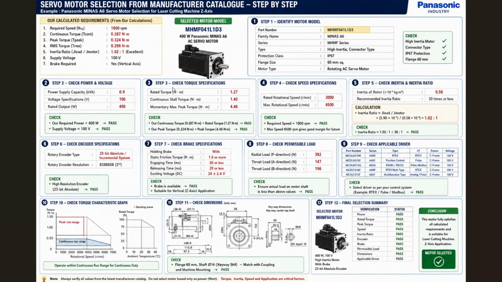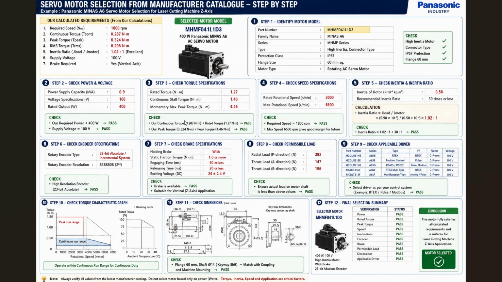Step 3 is check torque specification. With the MHMF series servo motor, we get a rated torque of 1.27 Newton meter. Continuous stall torque is 1.14 Newton meter, and momentary maximum peak torque is 4.46 Newton meter.